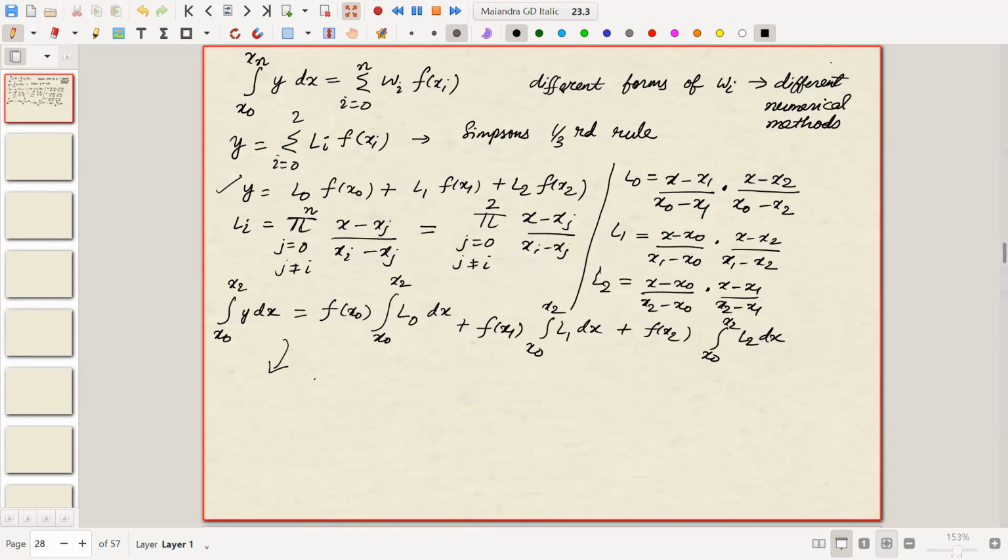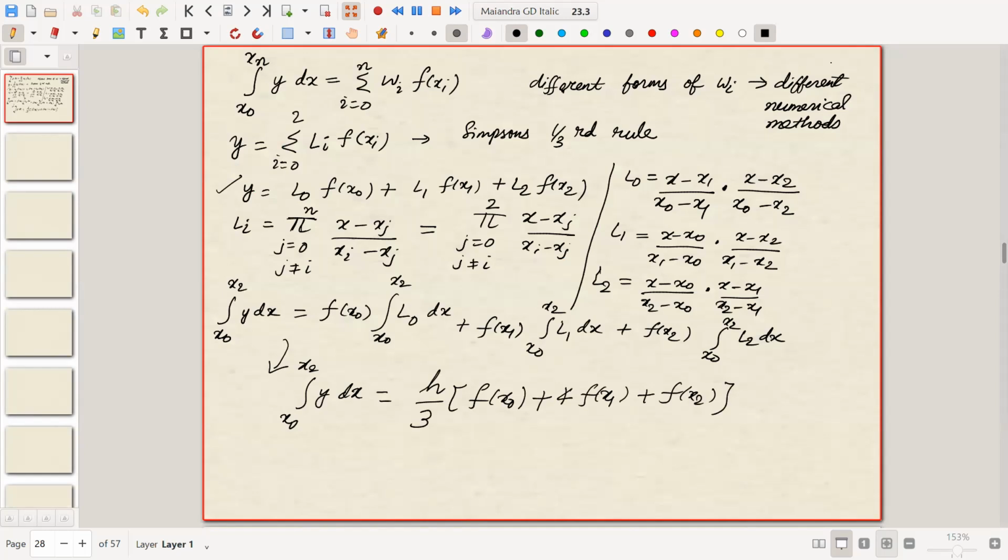Then you can show that integration x0 to x2 of y dx equals h over 3 times f of x0 plus 4 times f of x1 plus f of x2. So given 3 points, you can approximate the integration like this.